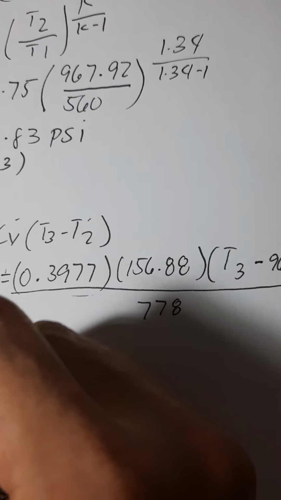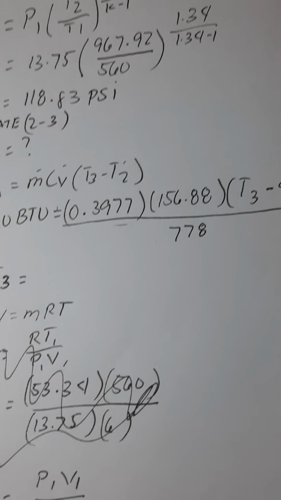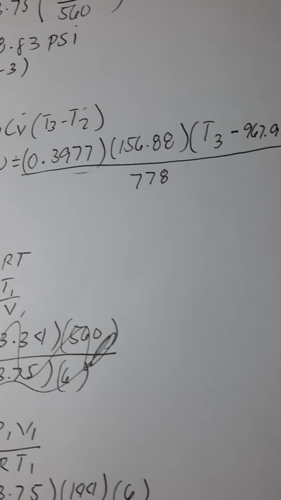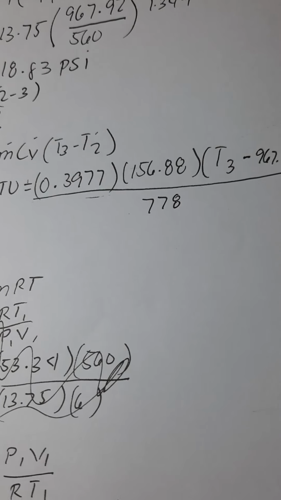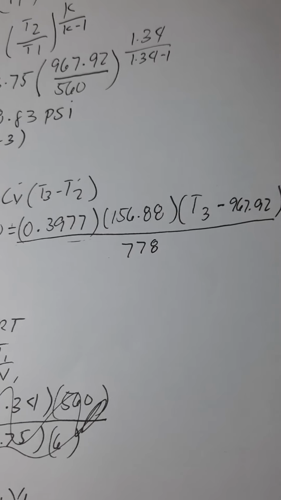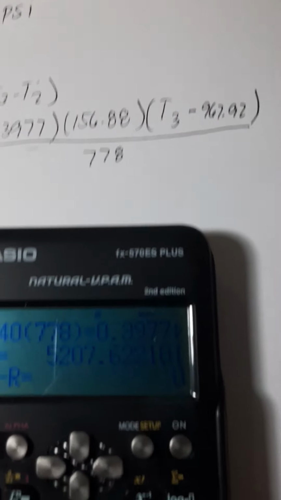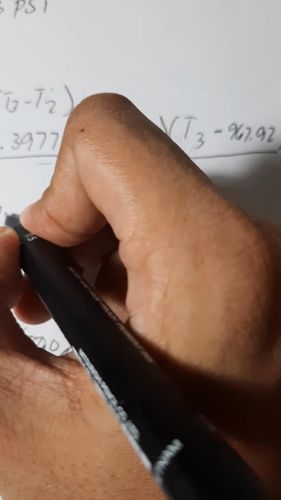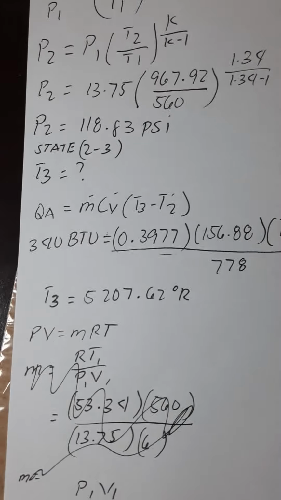So T3, we just calculate the temperature 3, which is... The answer is 5,207.62 degrees Rankine. So we now have the temperature before the expansion.